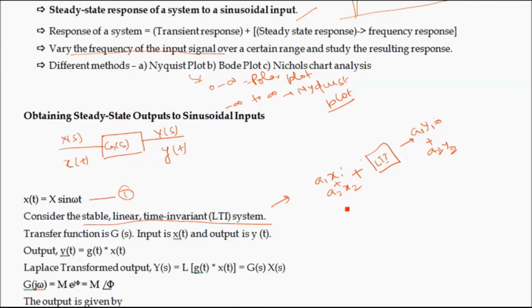A time invariant system is one where the time shift in input does not affect the property of output.